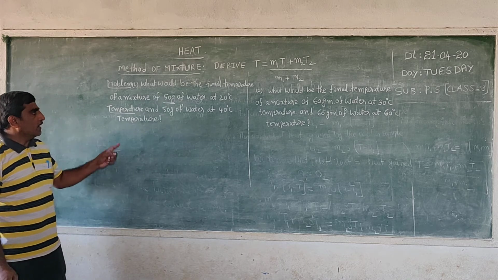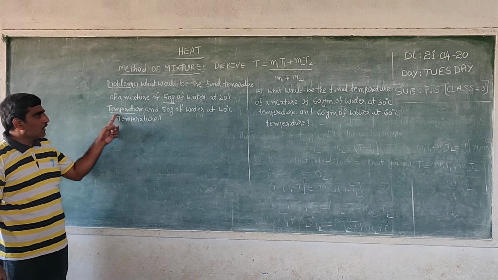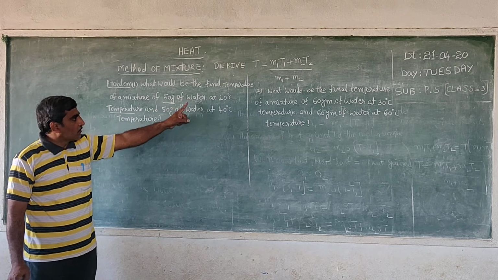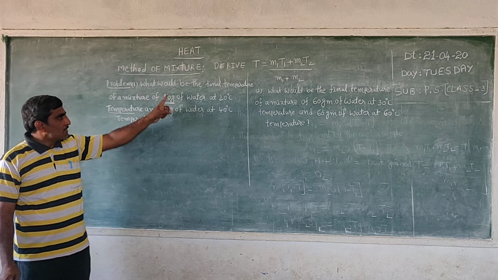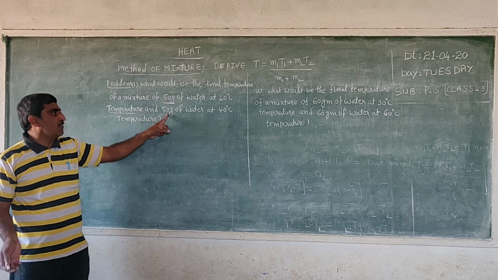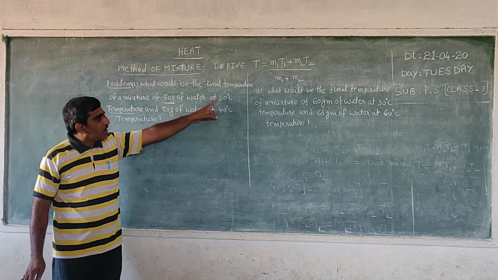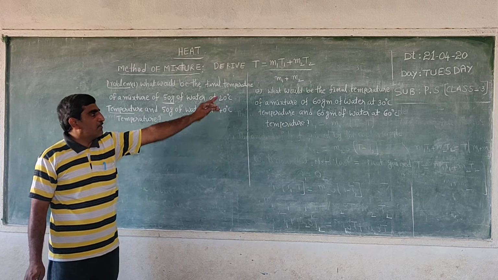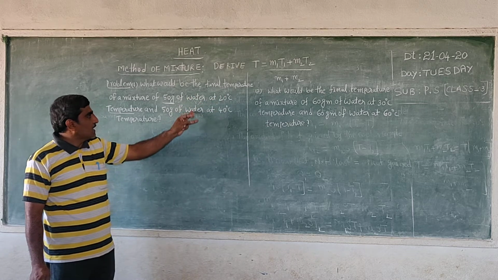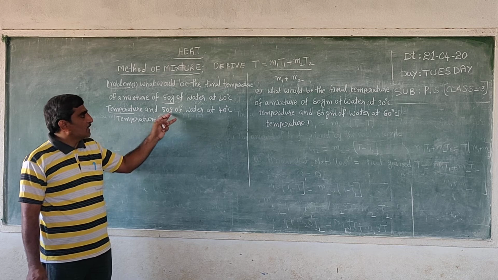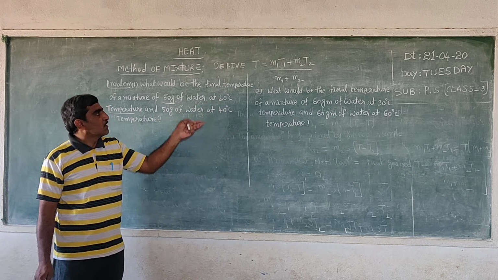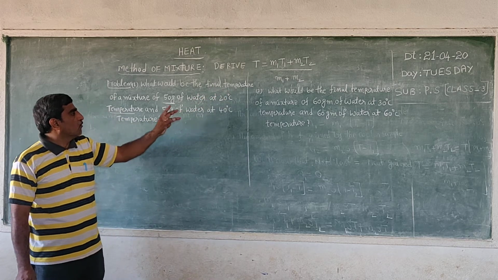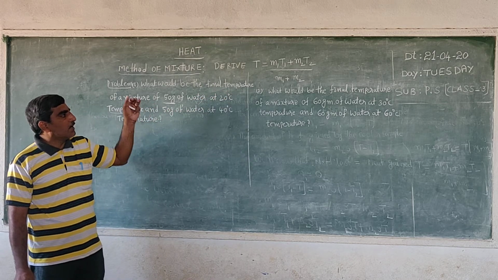So here, the substance is the same and the mass of the substance in the two cases is the same, but the temperatures are different. Same substance, same mass, different temperatures. We can find the final temperature of the mixture.